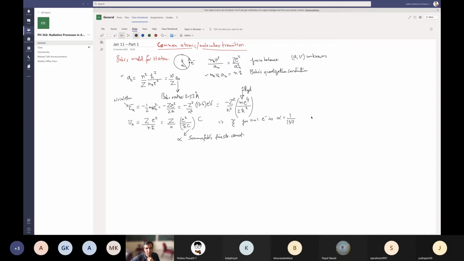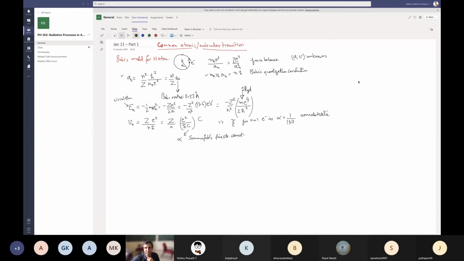So the electron, even in the innermost orbit, is non-relativistic, not moving close to c, and we can treat this problem non-relativistically.